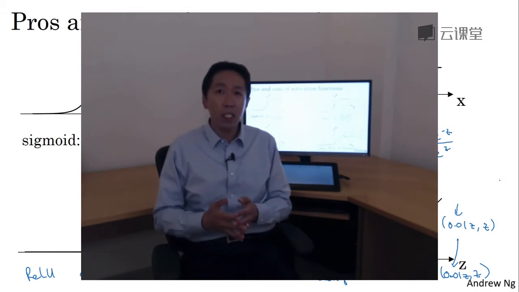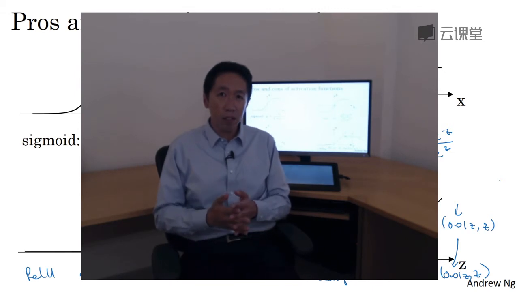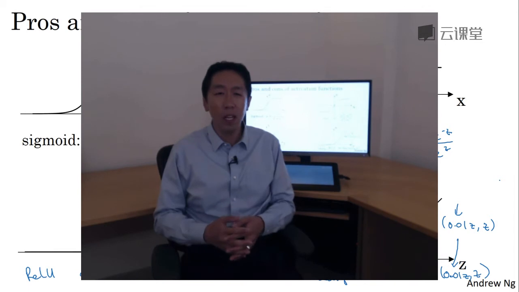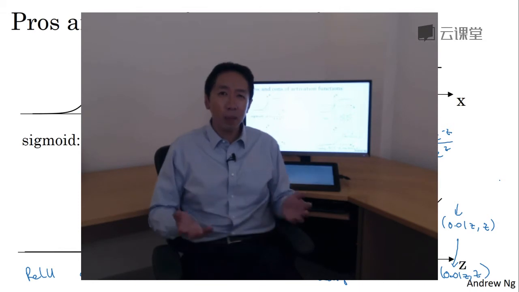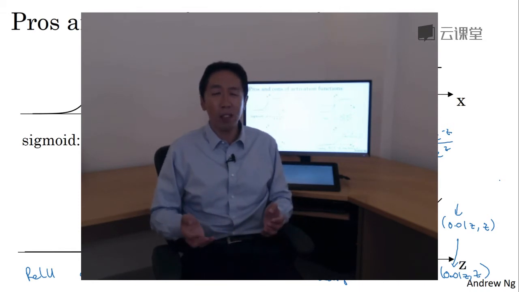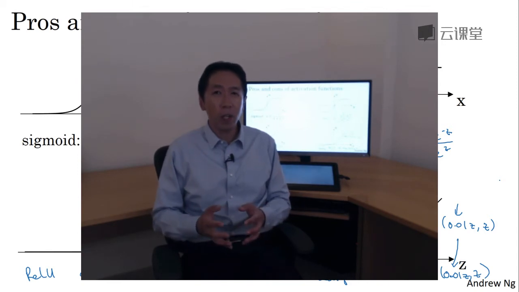But for your application, with your application's idiosyncrasies, it's actually very difficult to know in advance exactly what will work best. So a common piece of advice would be, if you're not sure which one of these activation functions work best, try them all and evaluate on a holdout validation set or a development set, which we'll talk about later, and see which one works better and then go with that.